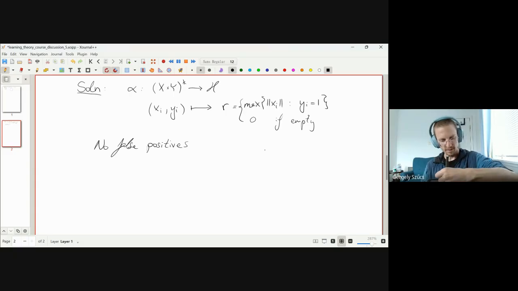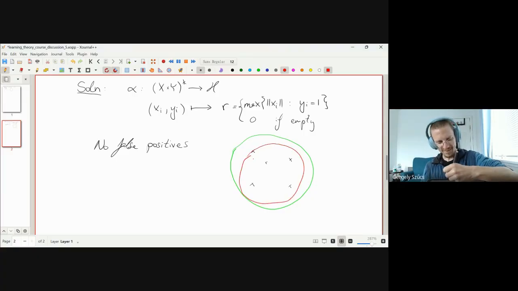Because if we assume realizability, let's say this green circle is the true hypothesis, and then we see a number of samples here, and we take the radius of the maximal one, it's always going to be within the true hypothesis. So we won't have any false positives, but it might have some false negatives in the space in between. Right? Yeah.